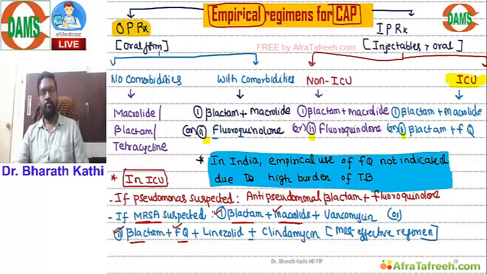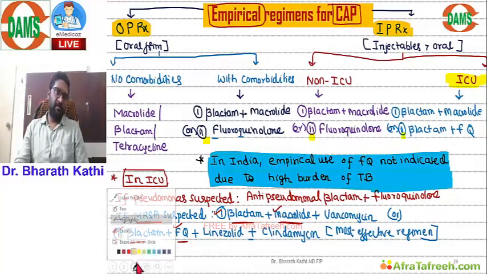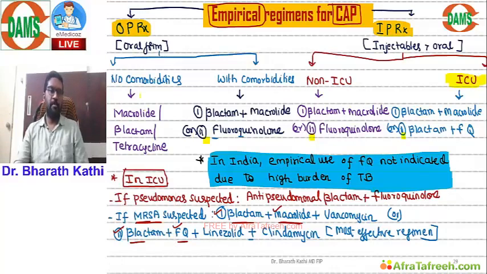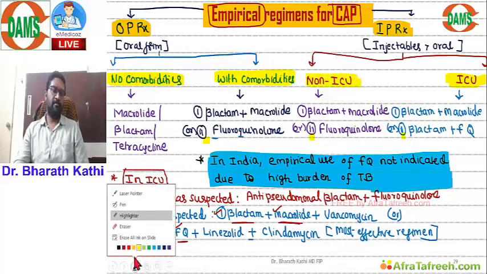Is it at home or is it in the hospital? If it is at home, no comorbidities, what to give? With comorbidities, what to give? If it is in the hospital, what to give in the ward, what to give in the ICU.